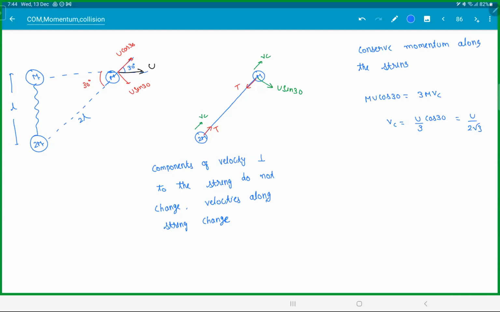Now what? Describe the motion and find the tension in the string. Two more minutes. Try now, what to do. How does this motion occur?